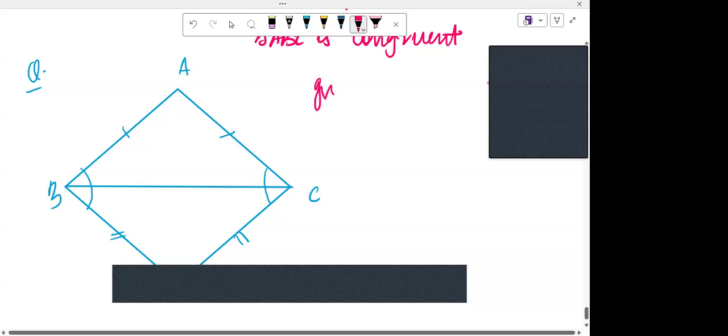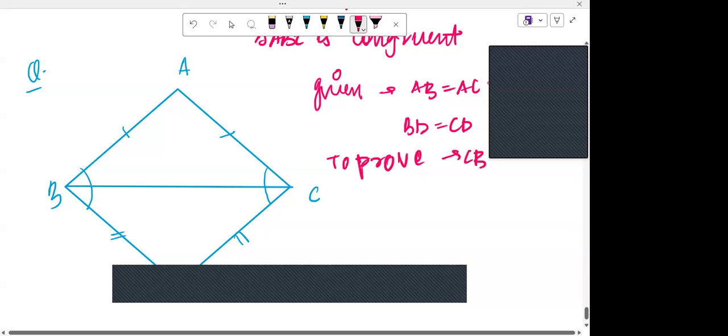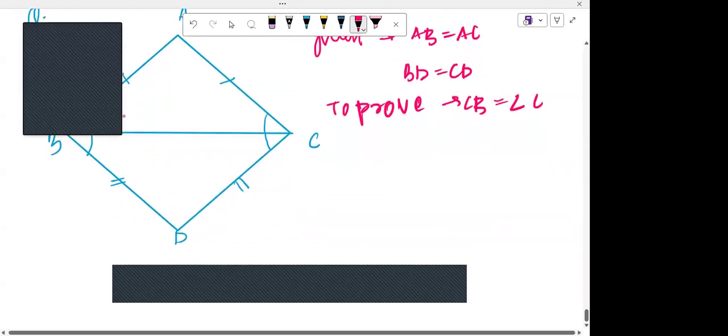First of all, what is given in the question? Given is that AB is equal to AC and BD is equal to CD. To prove this, angle B equal to angle C. Ma'am, can we draw a construction, a line from A to D? Yeah, good.